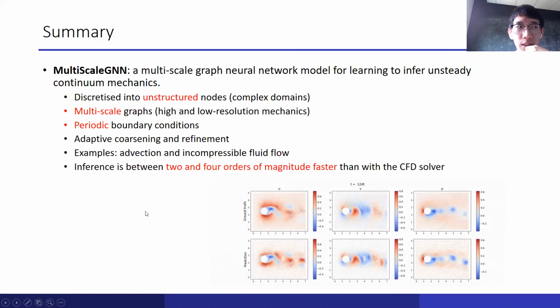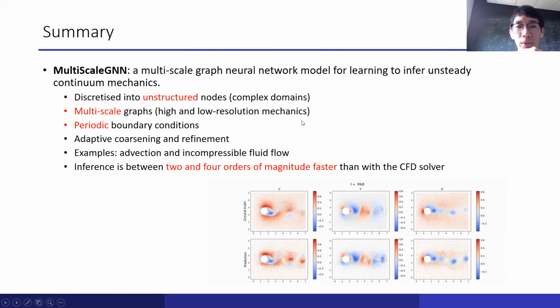Okay, that's all the results they have in the paper, and let me give a brief summary. In this paper, they proposed the multi-scale GNN, and there are some advantages. The first one, they can divide the domain into unstructured nodes, which is more flexible for complex domains. And they use multi-scale graphs to capture high and low resolution mechanics.